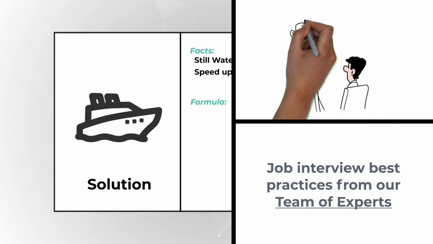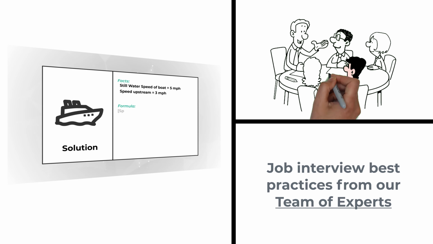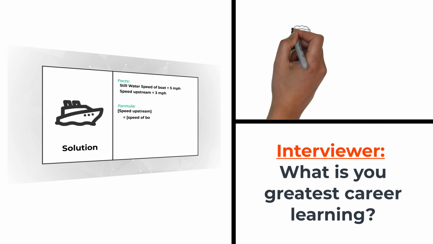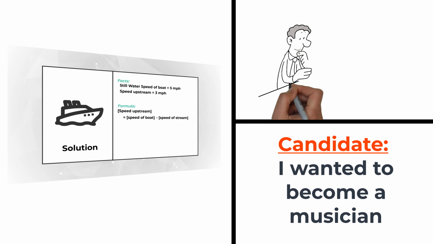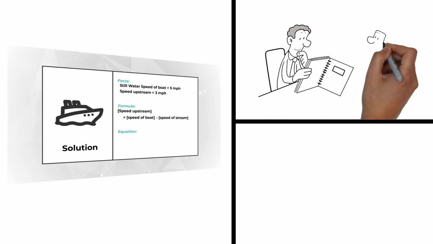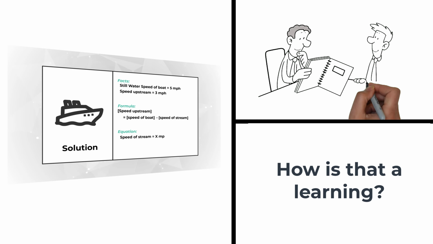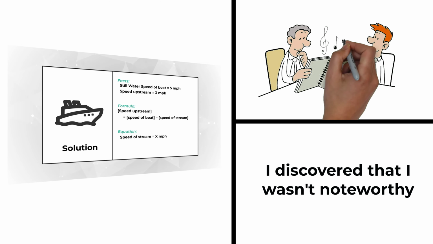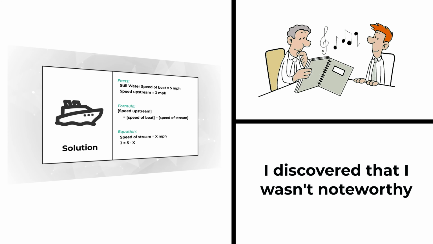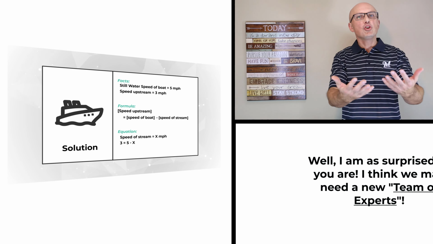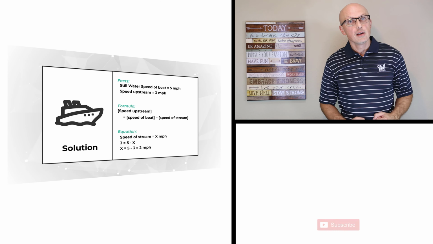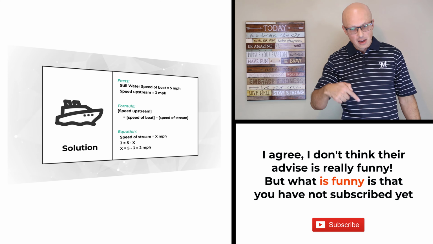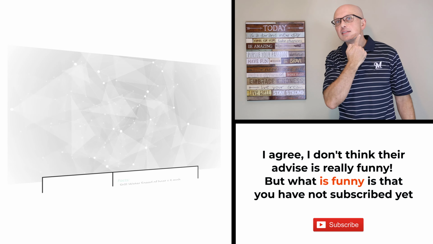The main formula to do the calculations is that the speed of the upstream equals speed of the boat minus speed of the stream. So we can build the equation. In this equation, x would be speed of the stream, and our equation will be 3 equals 5 minus x. Based on the calculations, x would be equal 5 minus 3, which is 2 miles per hour.